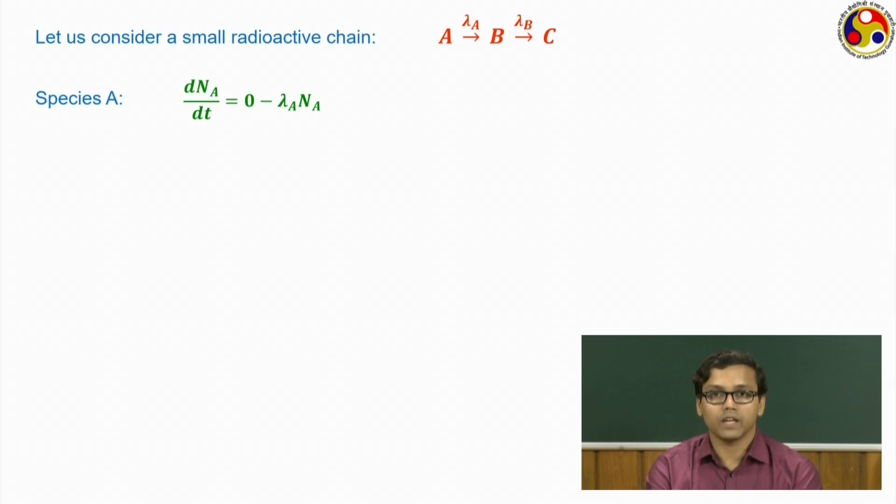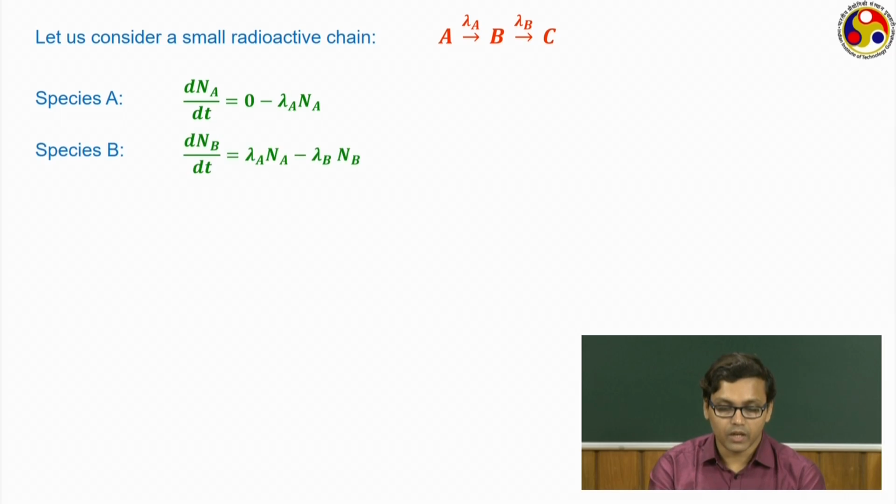B of course can get generated because of decay of A, and it is also getting decayed or disintegrated and getting converted to C. Accordingly, the conservation equation for B can be written like this: rate of change of B nucleus will be equal to lambda A N A, which is the rate of generation, and also the rate of decay of A. Similarly, the rate of decay of B is lambda B into N B, and the balance between these two terms will give you the rate of change of B isotope.